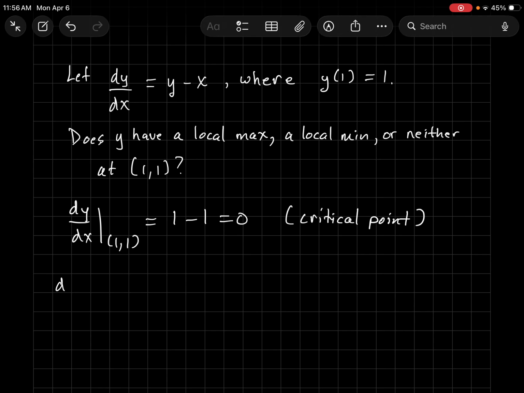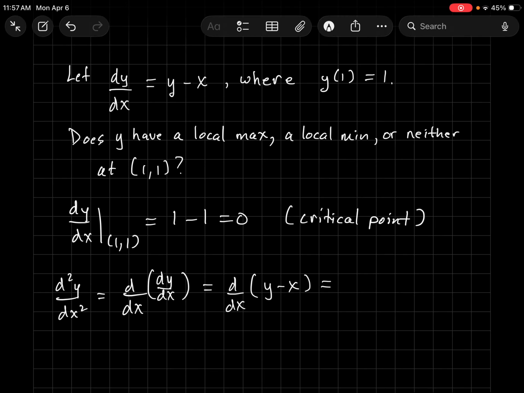But now we need to find the second derivative, which is the derivative with respect to x of our first derivative, recalling that notation. So we're going to take the derivative with respect to x of y minus x, which gives us dy dx minus 1.